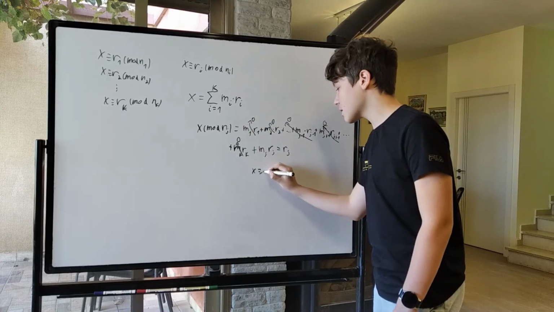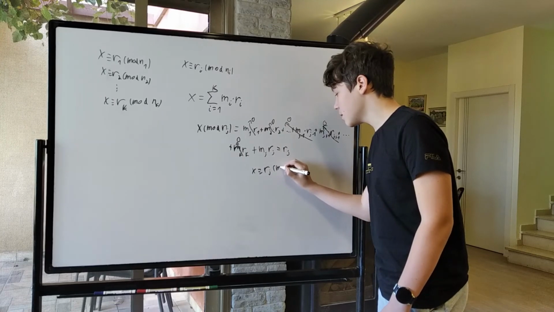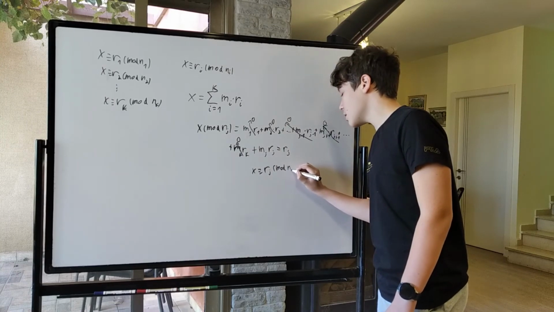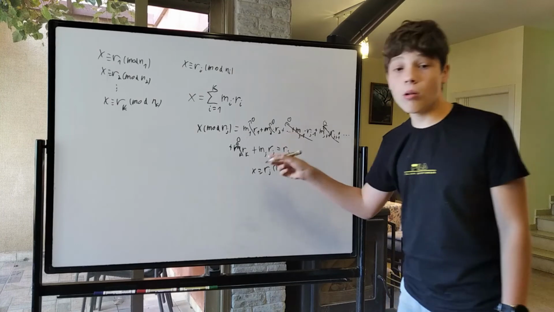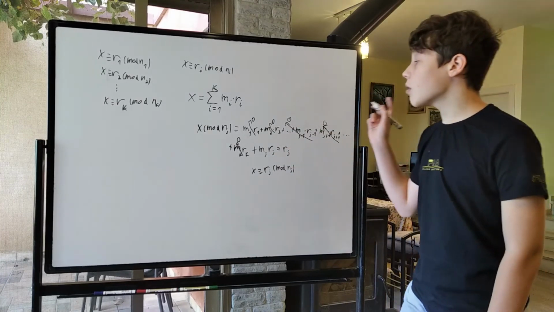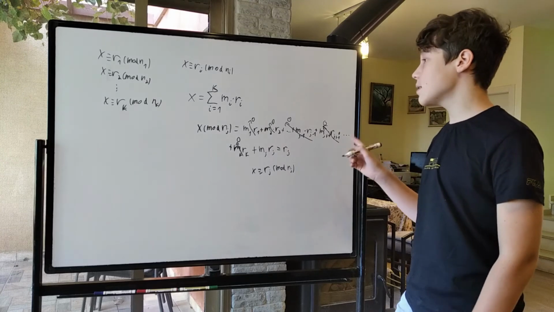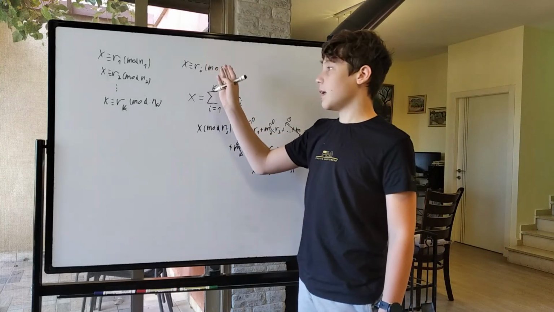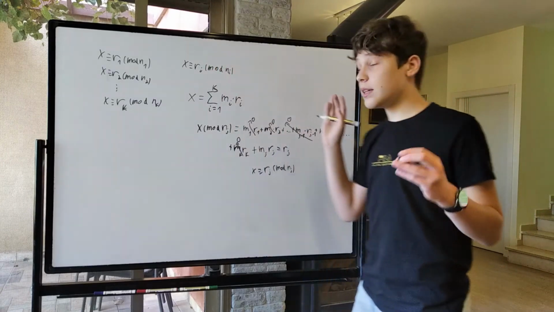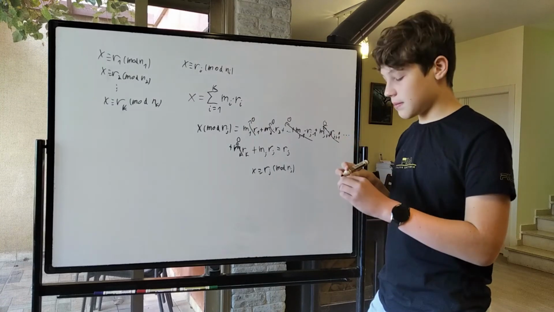And so x is congruent to rj mod nj, and this holds true for all j between 1 and k, meaning that we proved that this certain x exists.